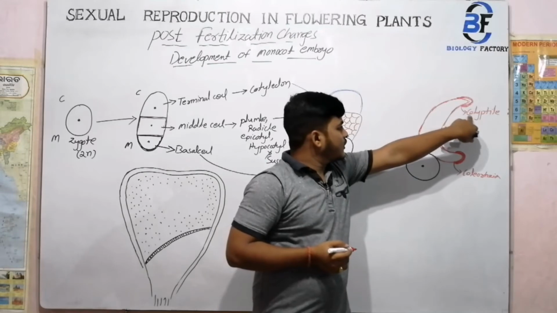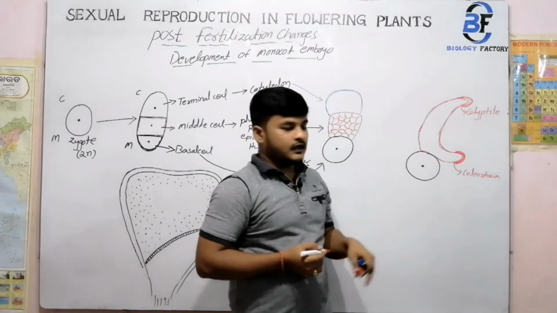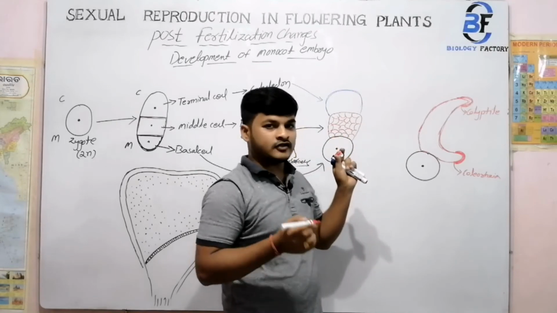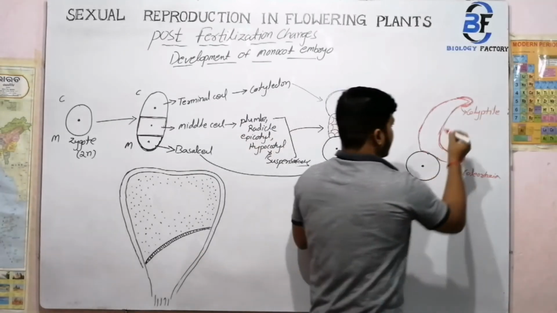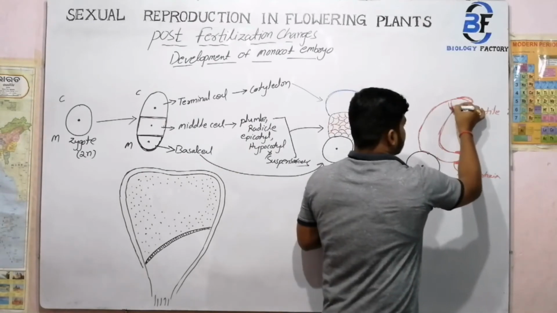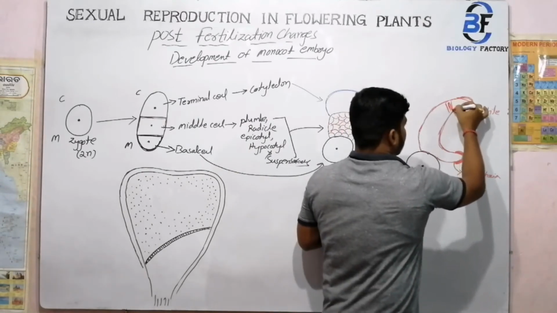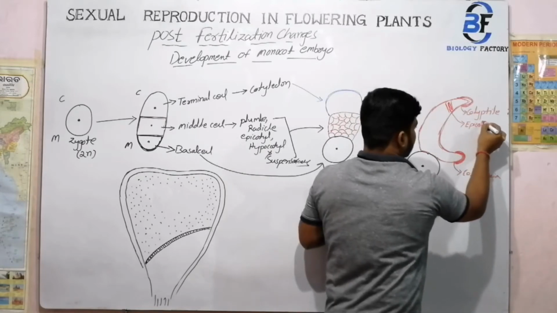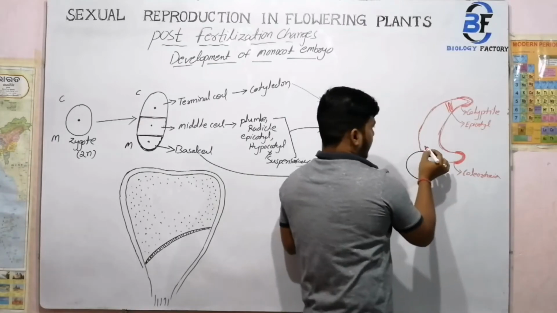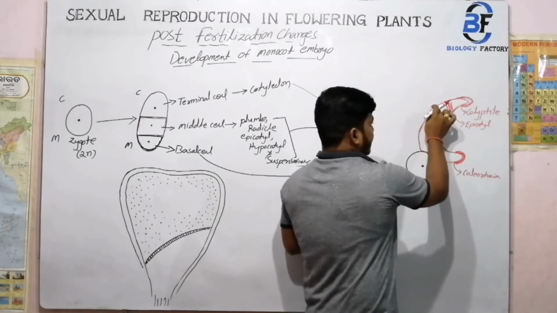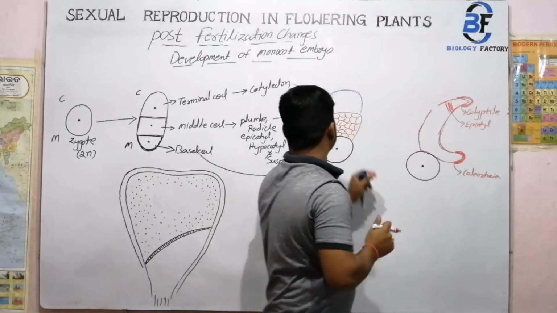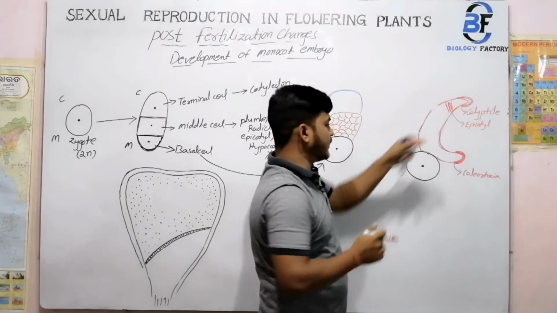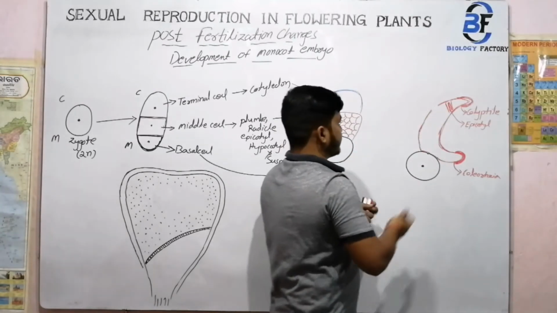So, the lower part of the coleoptile, that means the lower part of the plumule in your dicot embryo, you also know that it is always known as your epicotyl. So this place is known as your epicotyl, and next the part of your cotyledon. The cotyledon is attached to your cotyledonary node and somehow like this.